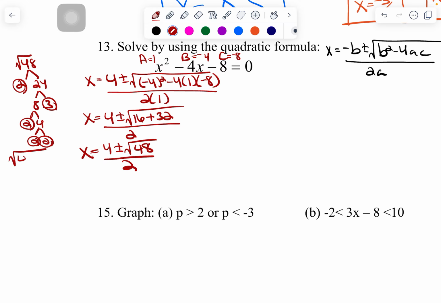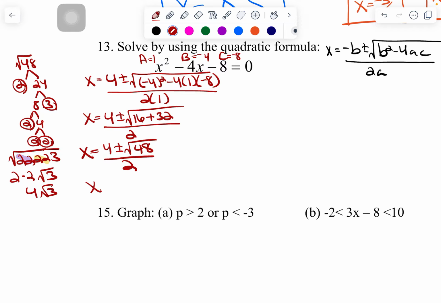So the square root of 48 is going to be 2 times 2 times 2 times 2 times 3. You got a pair of 2s, that means I'm going to pull a 2 out. Another pair of 2s, I'm going to pull another 2 out. And what didn't pair up is 3, so that's going to be 4 root 3.